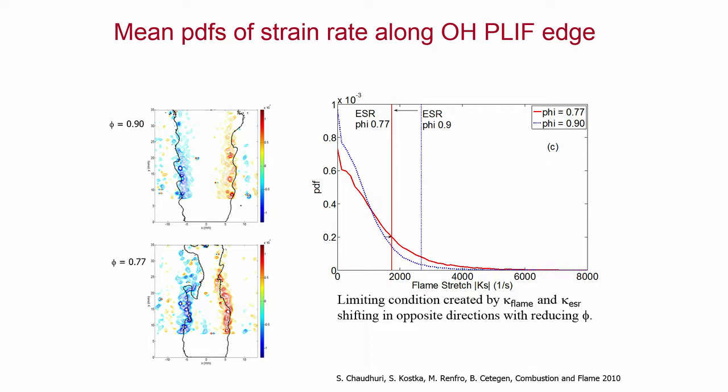So this causes an opposing movement. On one hand, the strain level of the 0.77 flame is increasing, that is, it is undergoing more straining, but its strain holding capacity is reduced because its extinction strain rate is reduced.